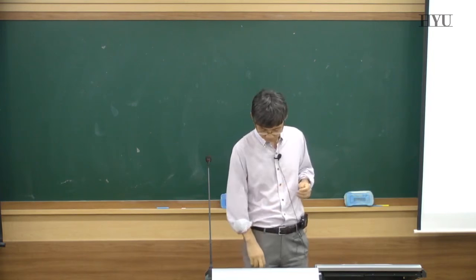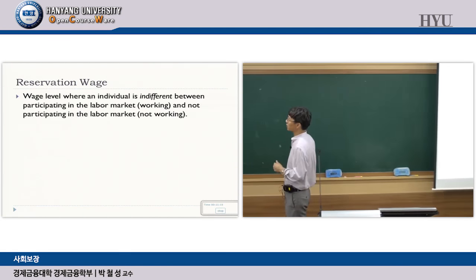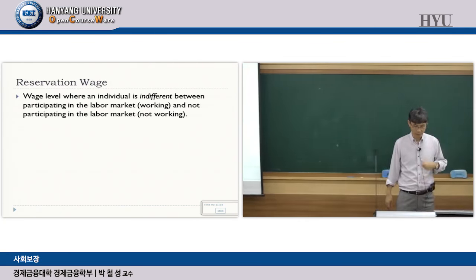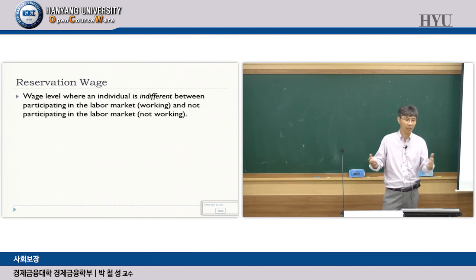Okay? So reservation wage is formally defined as the wage level where an individual is indifferent between participating in the labor market or not. Participating in the labor market means working or looking for work, so being willing to work.